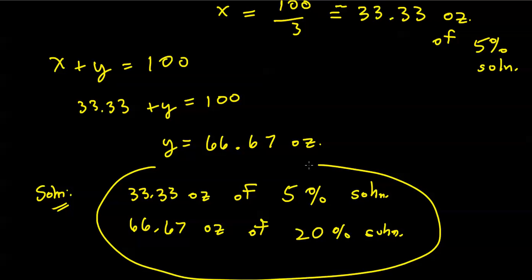There is my final answer for how much of each solution to use. Alright, so we've done I think 4 of these, and we'll call it a day. This concludes section 3.3, problem solving 2x2 systems.